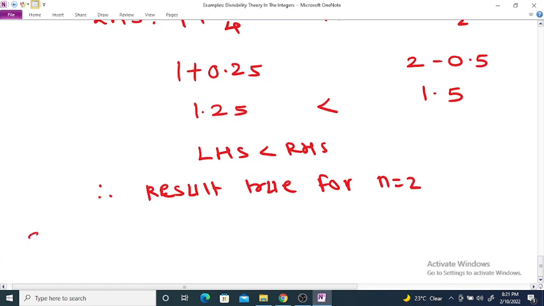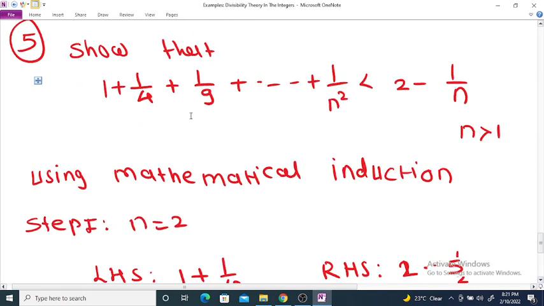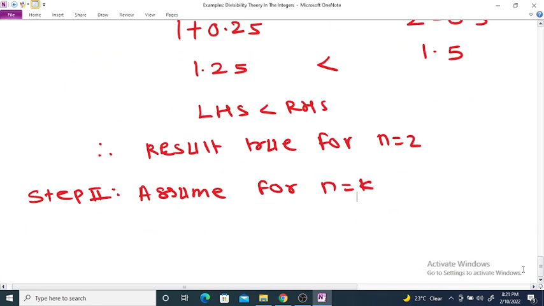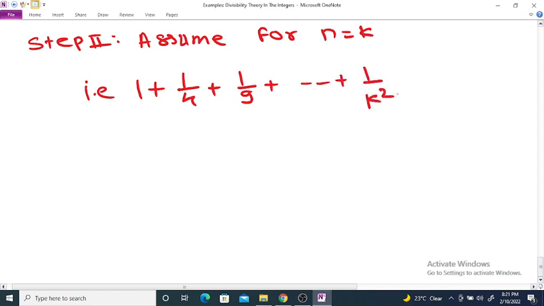Step 2: we assume that this result is true for n is equal to k. That is, 1 plus 1 by 4 plus 1 by 9 plus dot dot dot plus 1 by k square is less than 2 minus 1 by k.